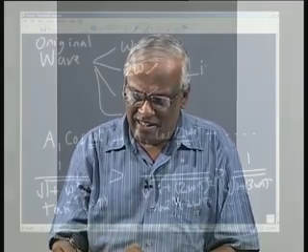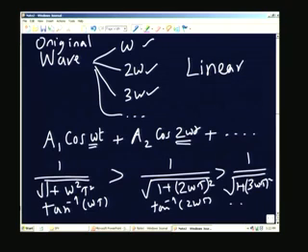Therefore, when we have an original wave which is a complicated shaped curve, not a pure sinusoid, you can always look at the overall response by looking at the component responses and then adding them, because the system is essentially a linear system. So, we will say that this is a linear system, and the response is made up of all these components.